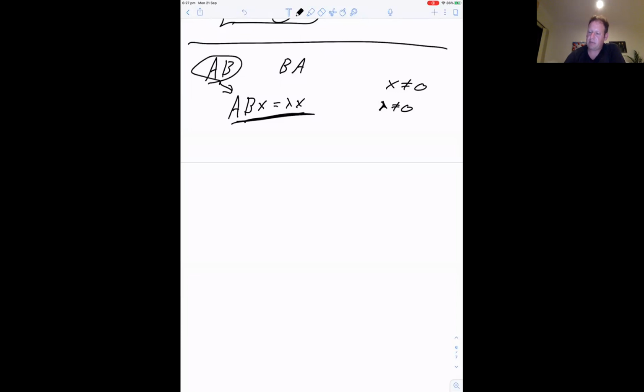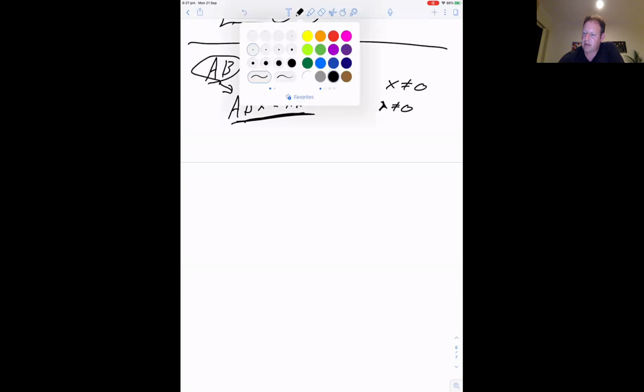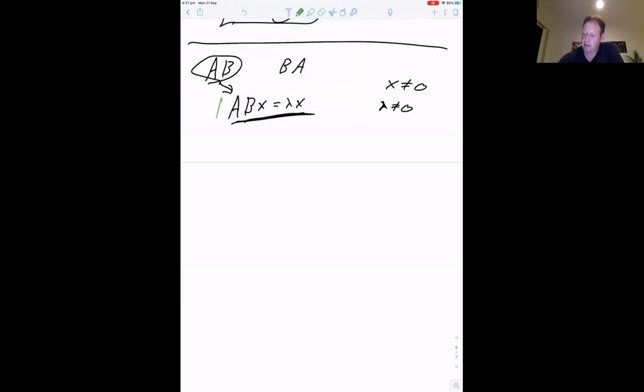So we're looking at AB. What we do now is multiply this on the left by B. We can do this multiplication, there's dimension matching there. They could have been square as well, by the way, but they're also rectangular.